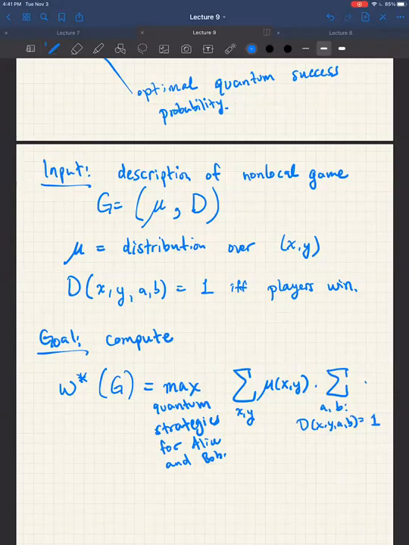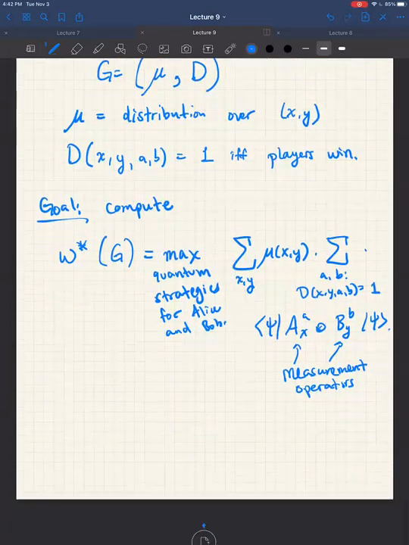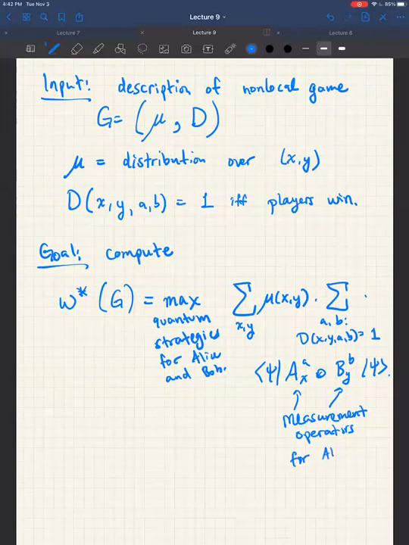And the probability that they generated those winning answers is given by this formula. So these are going to be the measurement operators for Alice and Bob. And this psi is going to be the state that they share.